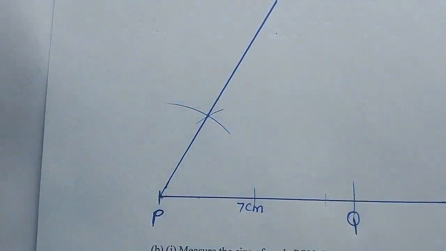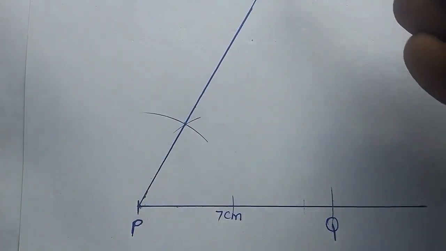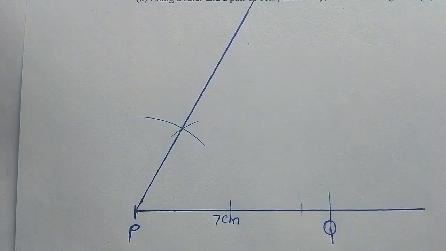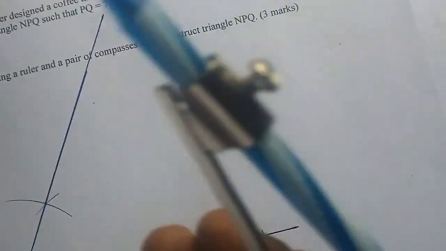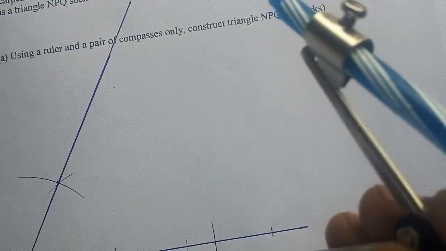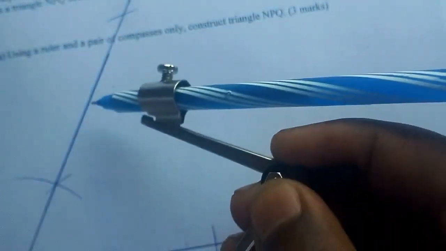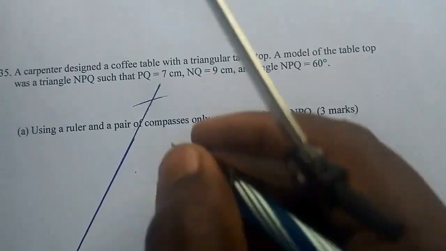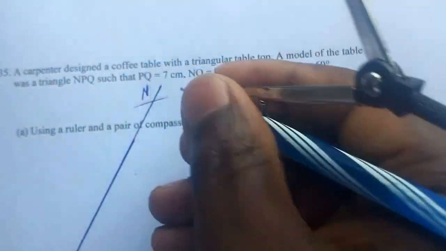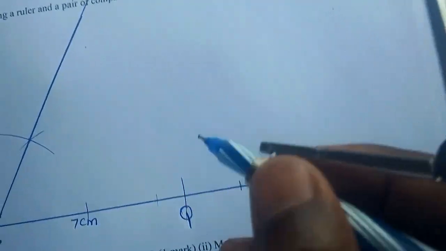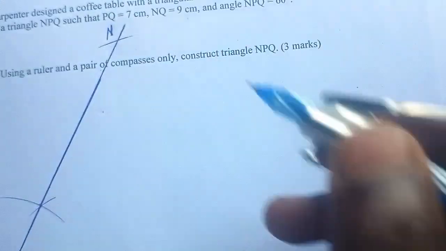Now from there we know that NQ is equal to 9 centimeters. So measure 9 centimeters and stand at Q. Mark where you meet the line from P. That is where our point N is. So that now NQ is 9 centimeters.